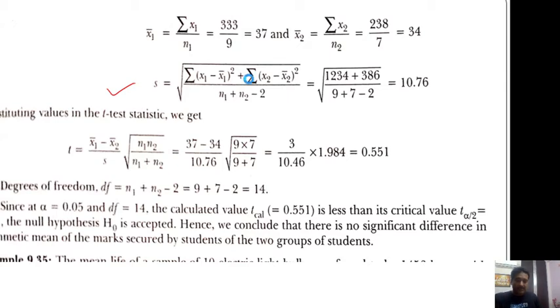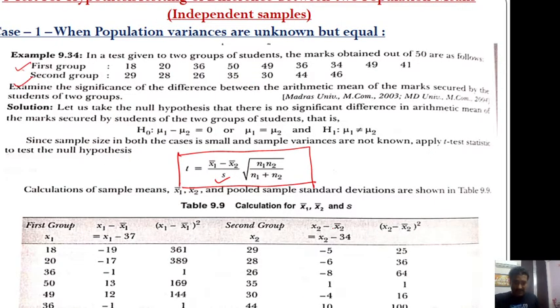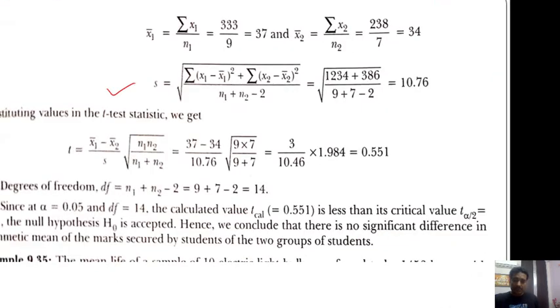In the table you can see that we have calculated x1 minus x1 bar whole squared and x2 minus x2 bar whole squared. Finally, putting the values in this formula, we can calculate the value of small s, the sample standard deviation, and substituting these values in the t statistic, we have calculated the value of t as 0.551.